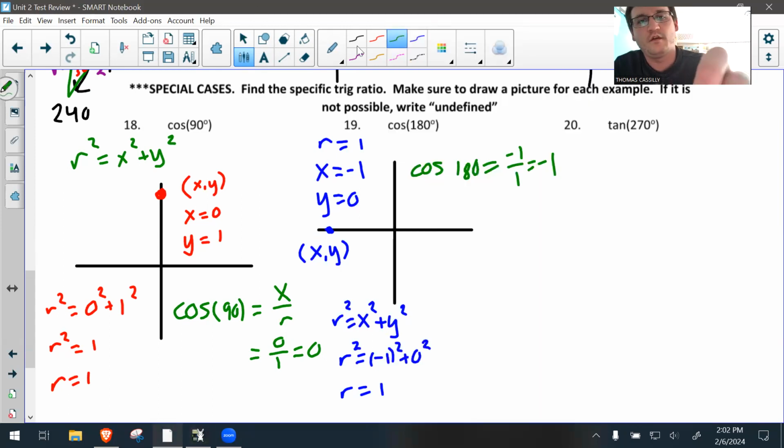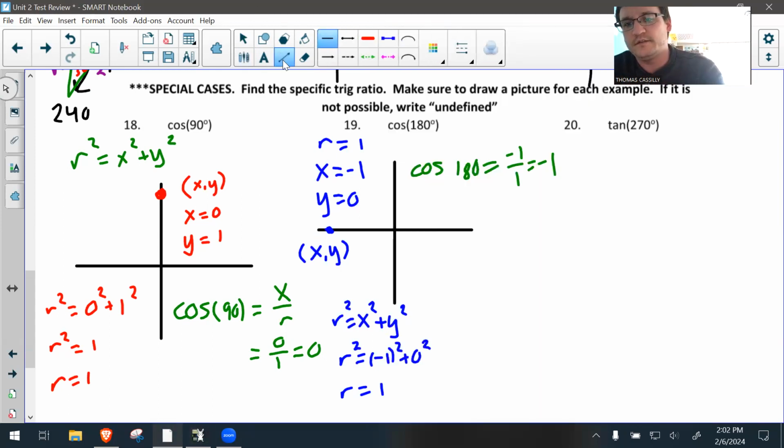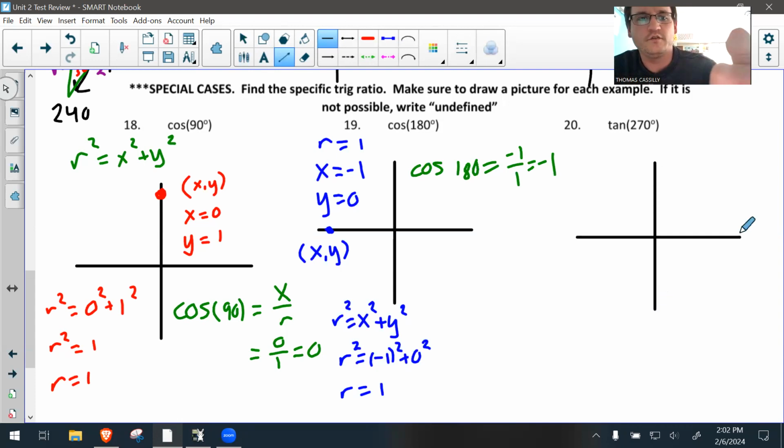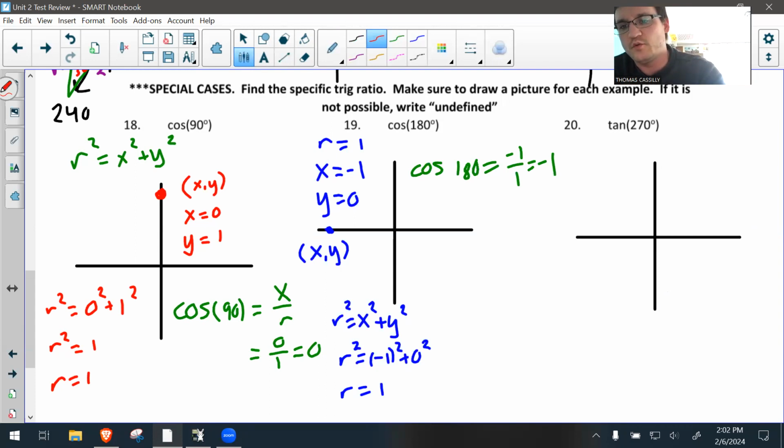All right, last but not least, tangent of 270 degrees. A 270-degree angle is going to be on your y-axis at the bottom. So this x, y, think about which ordered pair. X is going to be the value that stays 0 because it's 0 units left and right. And then y, I'm going to use -1.